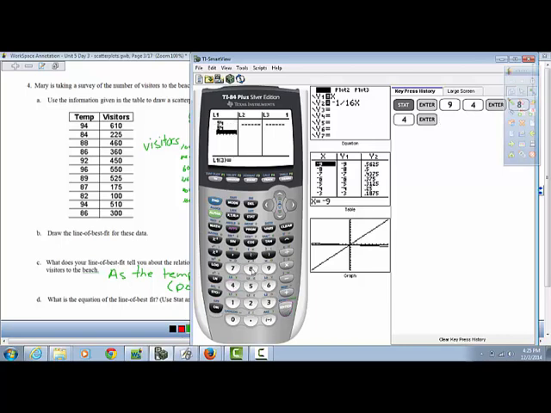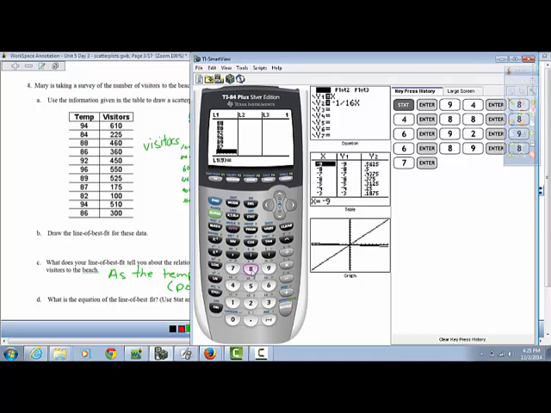84, enter, 88, enter, 86, enter, 92, enter, 96, enter, 89, enter, 87, enter, 82, enter, 94, enter, and then 86, and we press enter.